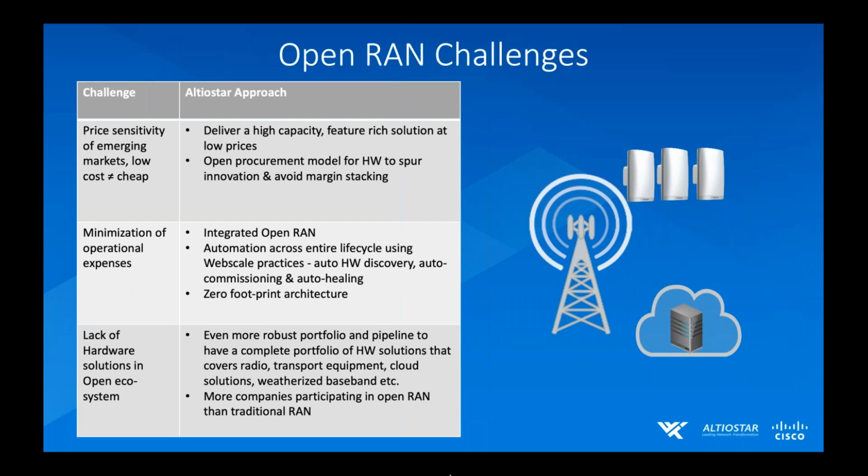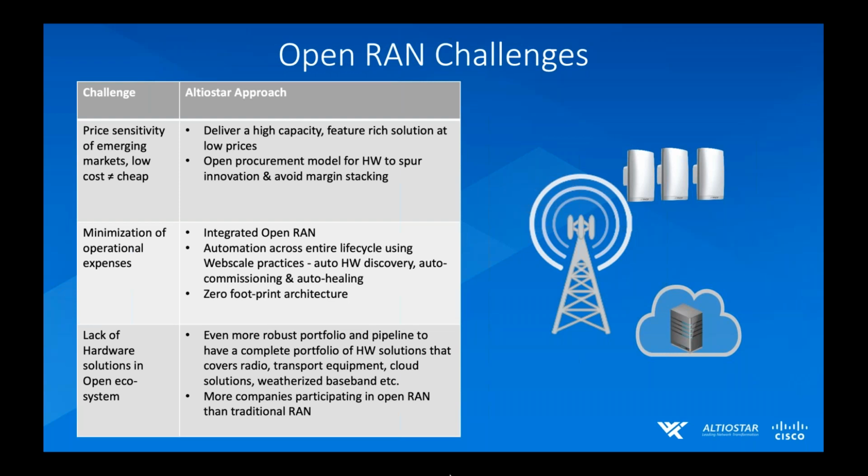And then finally, there's a big question about, okay, so is this ecosystem mature? Are there hardware solutions available today? So the way Altiostar has worked is we're working with more than 30 companies in the Open RAN ecosystem to build a very robust portfolio, right?